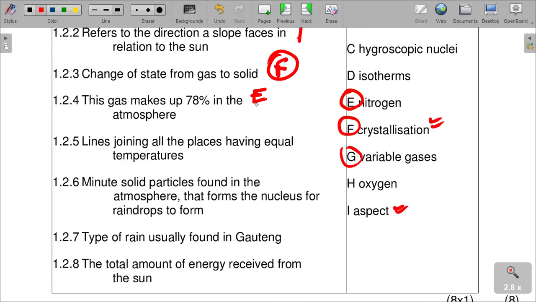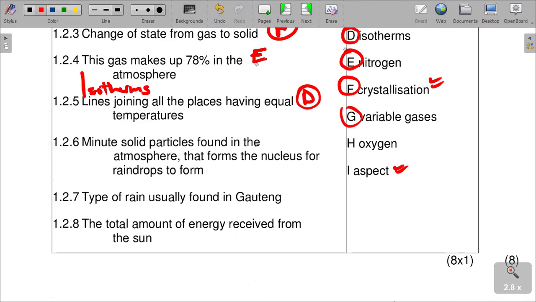Isotherms are lines we find on the map joining places of equal temperature. It is D, isotherms.